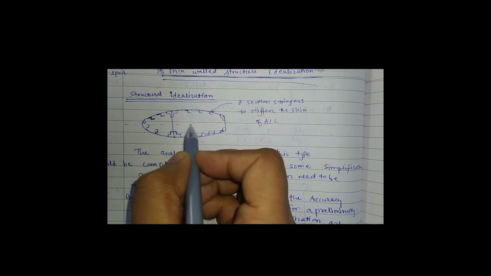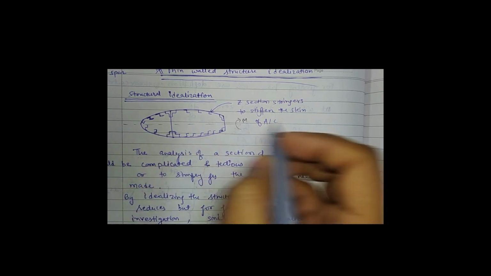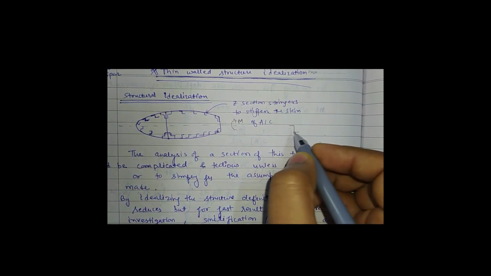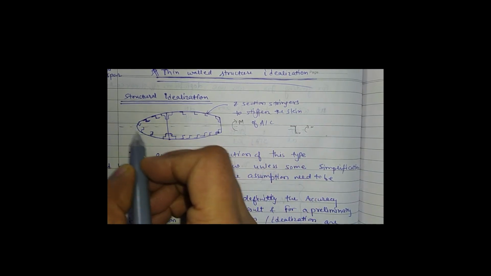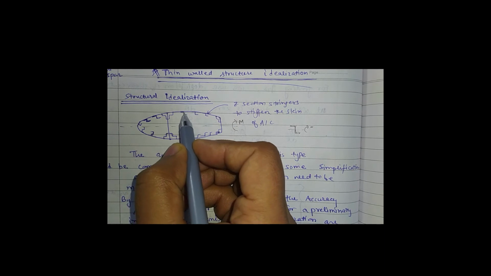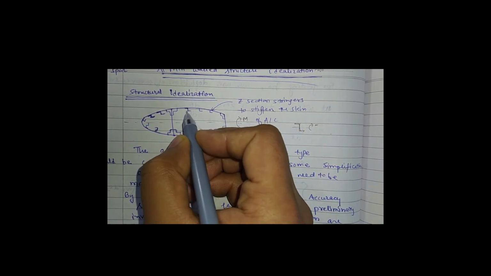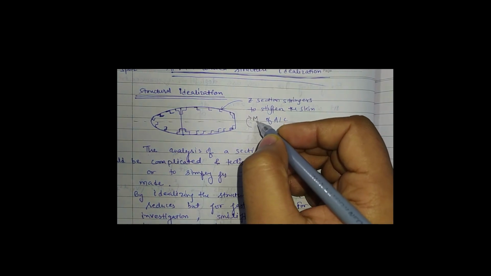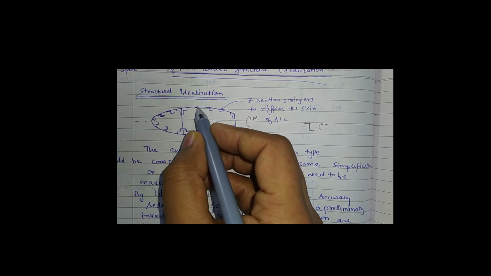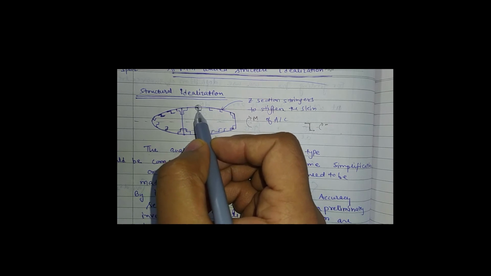For example, if this section is subjected to a bending moment, and we have done questions where a stiffener is subjected to bending, we can find the stresses at each and every point. But compared to the whole section, the area of these stiffeners is very small. So instead of calculating the stresses at each and every point, if the wing is subjected to the moment, we collapse or merge this area and form a structure we call a boom.